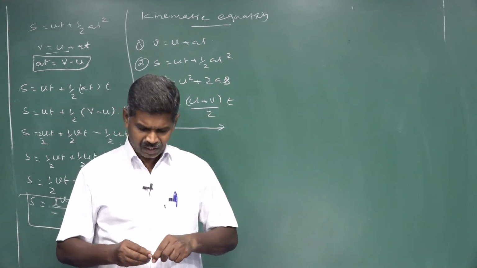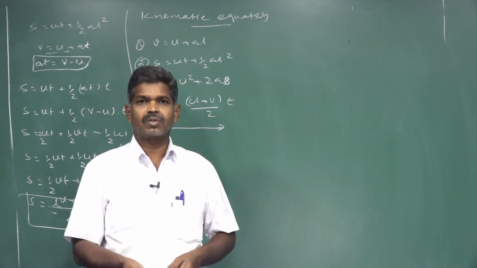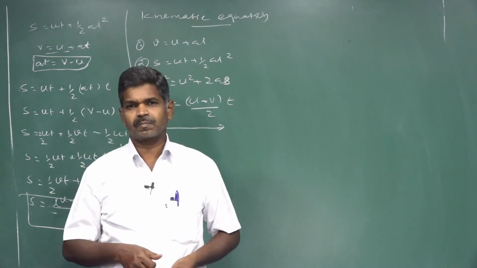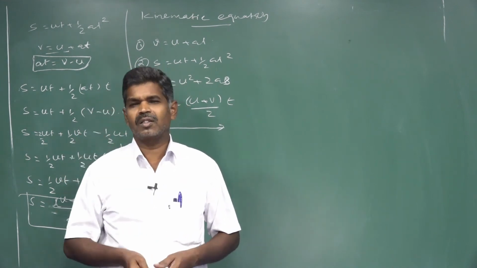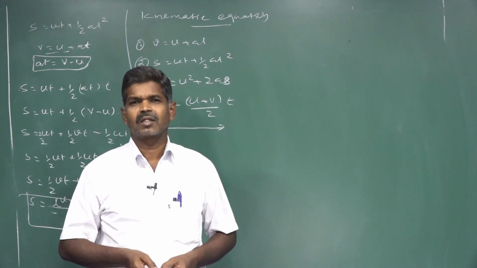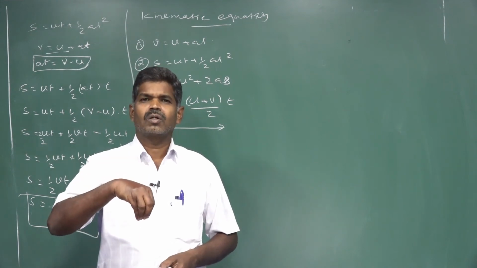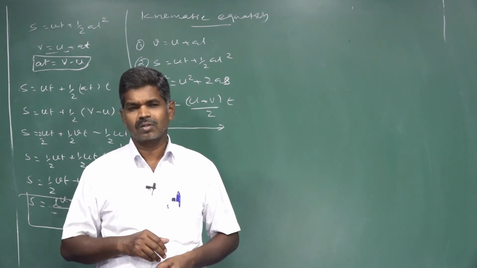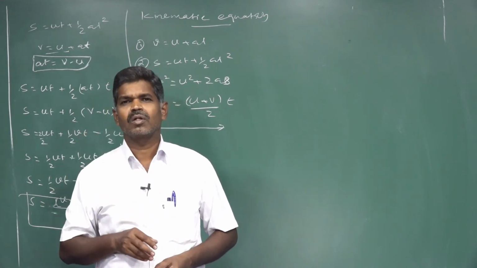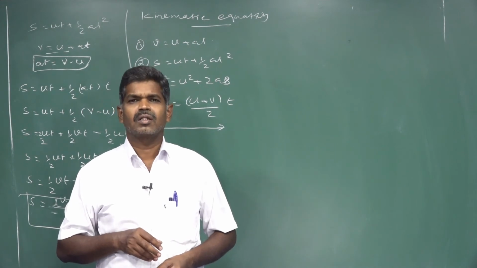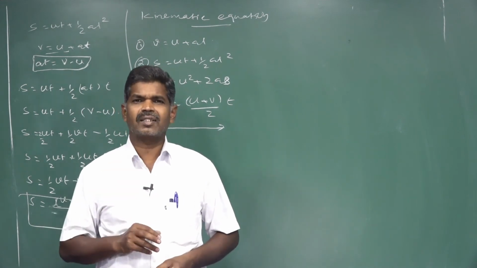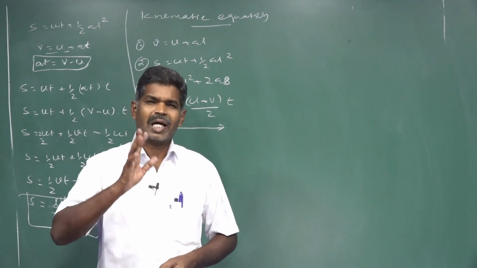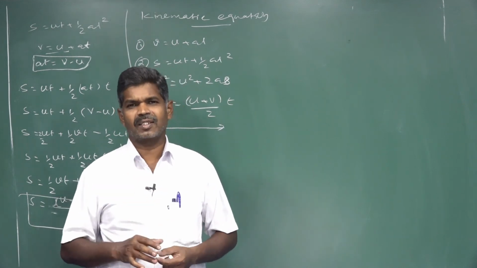If you throw any object vertically upward, it also moves under gravity only. So that also moves with a constant acceleration. There we have positive acceleration as well as negative acceleration.